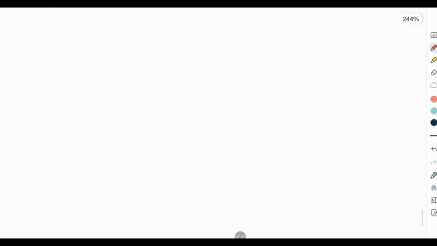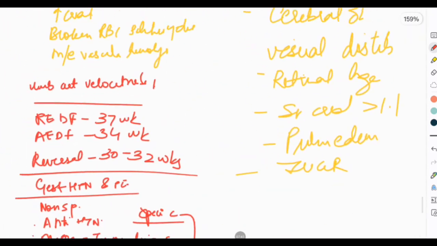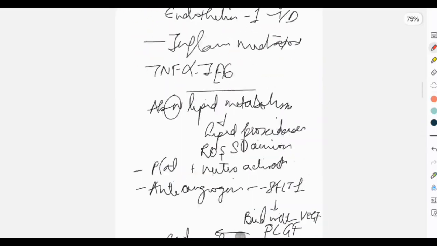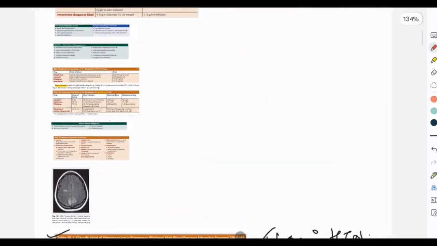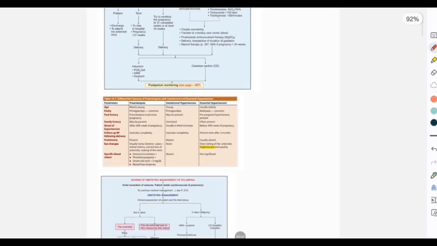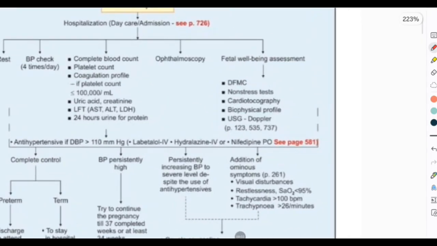Okay. So this was all about preeclampsia. Now we will just see in short about the management of preeclampsia.